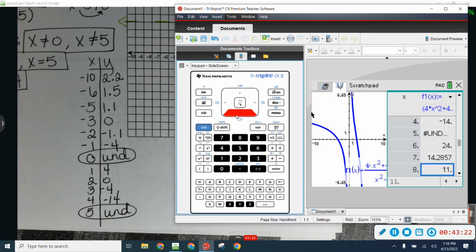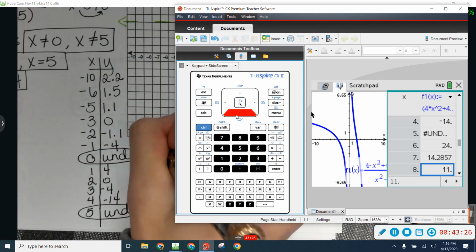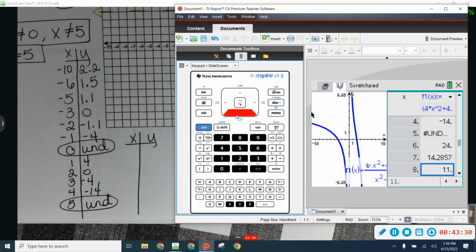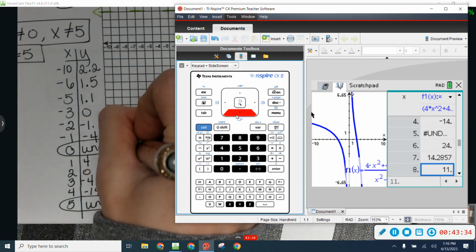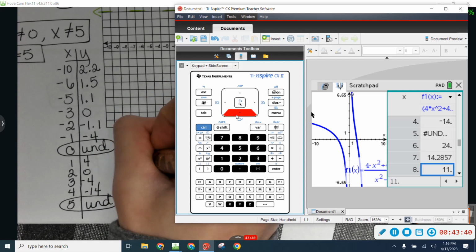Now, I need to continue my table. 624 isn't going to fit, but you can do it so you know how far down it should look. Then 8, 11.